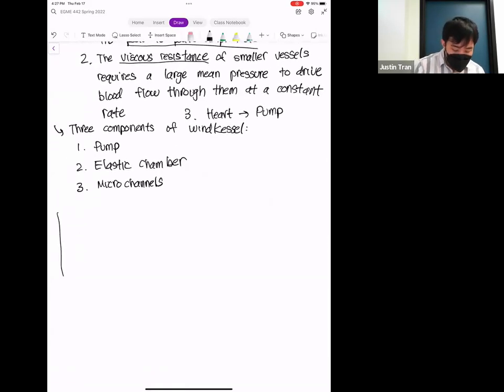And so we have a pump. This is where the blood is going to come through. Then it feeds directly into an elastic chamber.